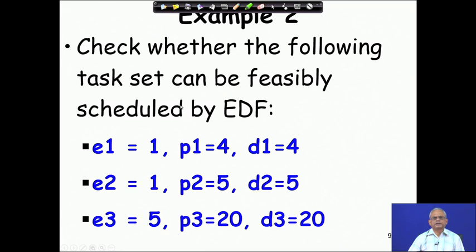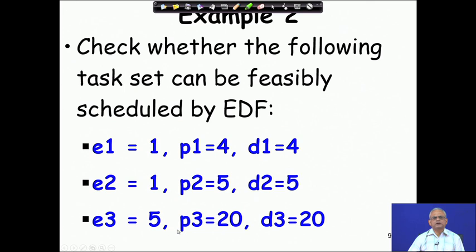So, let us do one example. We have a task set, 3 tasks. T1 has execution time of 1, period 4, deadline 4. Task 2, execution time 1, period 5, deadline 5. Task 3, execution time 5, period 20 and deadline 20.